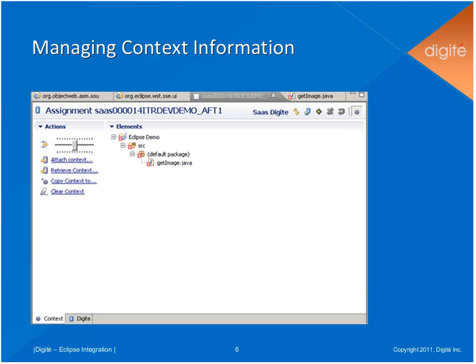So in this case, what we have done is we opened a couple of files and we saw that information of those files or the link to those files is retained, and the developer doesn't have to go about searching for the files again while working on that defect. And once he's done working on that item, he can go about routing or rejecting the project item, as well as he can go ahead and log time directly from the Eclipse IDE.